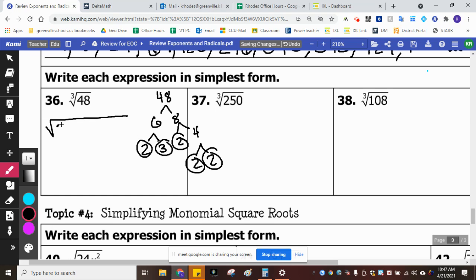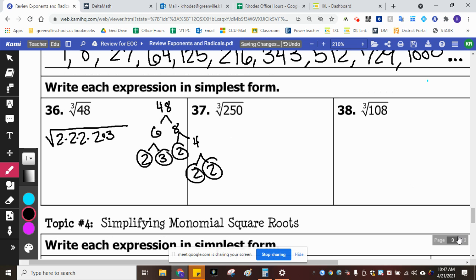So I have 1, 2, 3, 4 2s and 1 3. So square root, you group in 2s. Cube roots, you group in 3s.